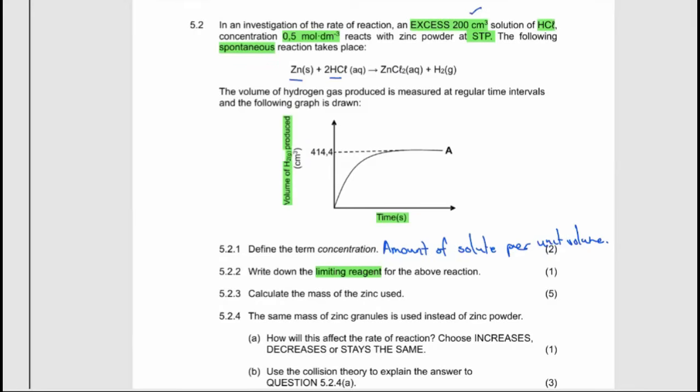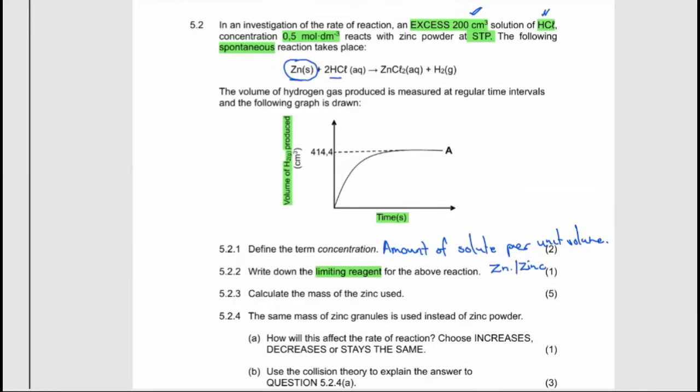According to the top part, it says excess 200 cubic centimeters of solution, which is our HCl. So it means our HCl is in excess, therefore automatically making our zinc the limiting reagent. Therefore, the limiting reagent is Zn, which I can write in full as zinc, like that.